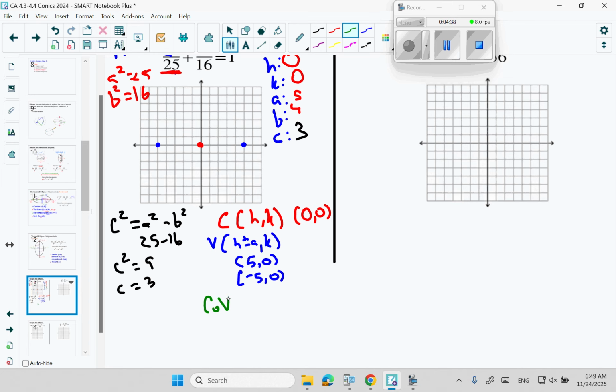My co-vertices, as we talked about earlier, are H, comma, K plus and minus B. So 0 is my H value, that's going to stay. K plus B, so 0 plus 4 is 4. K minus B, so 0 minus 4 is negative 4.